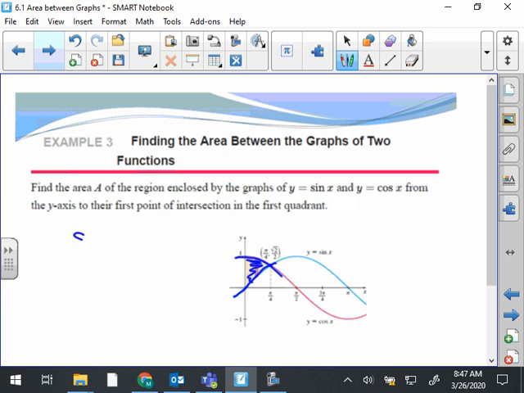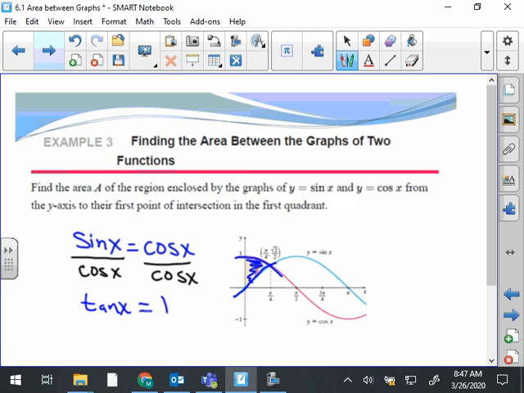So I want to know when the sine of x is equal to the cosine of x. I know many of you already know this, but let's try this. What if I divided each side by the cosine of x? So here, I would get the tangent of x, and here I would get 1.